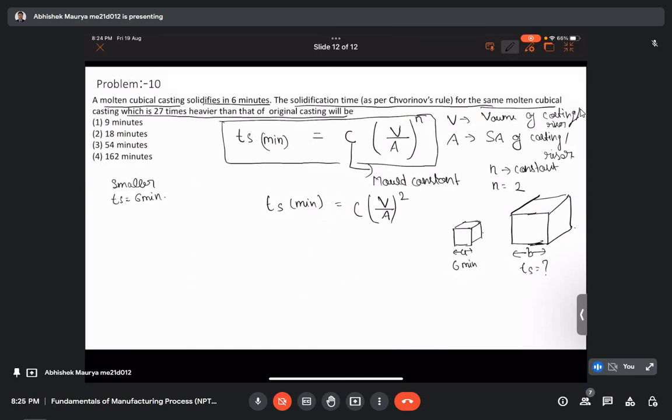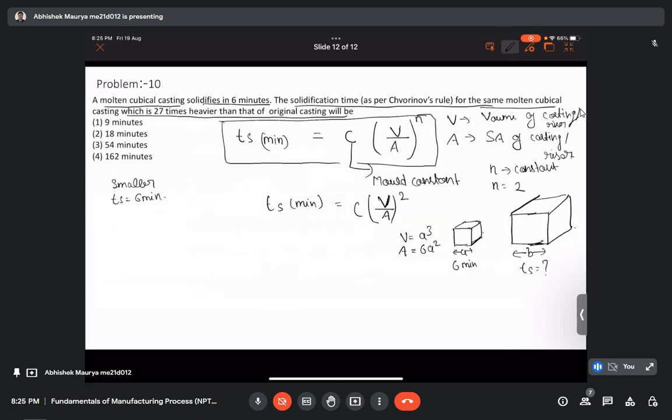But what is the volume? Since it's cuboidal in shape, we know the volume of a cube is the cube of its side. Here the side length is a, so the volume equals a cube. And what is the area? We know that the area of a cube is 6a square.